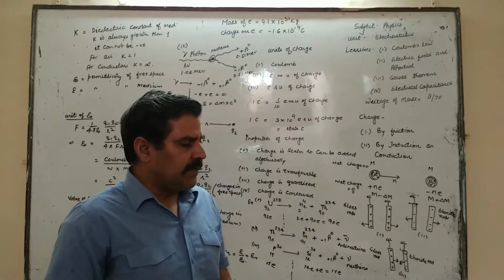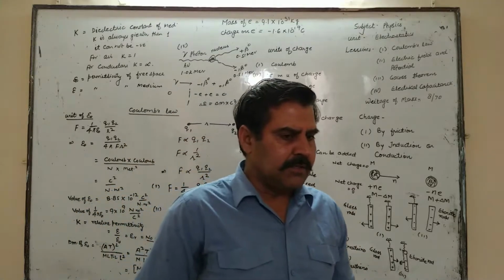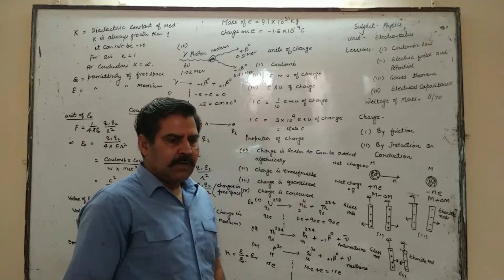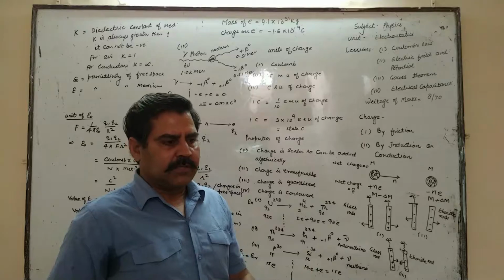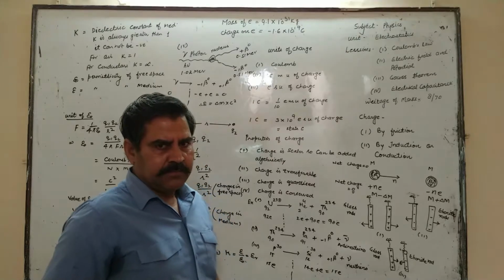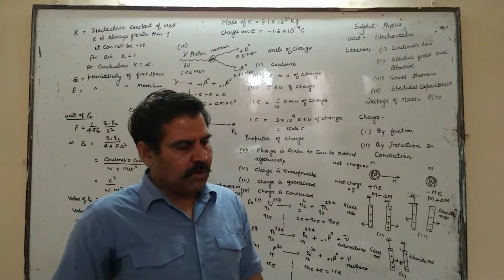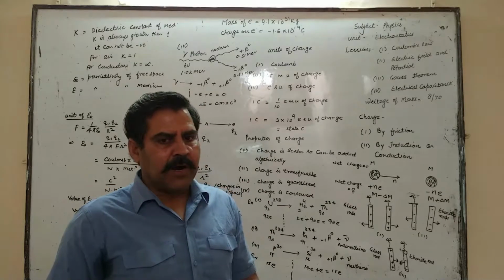Now when two bodies are rubbed together, what happens? Some electrons from the outer shells are transferred from one body to the other. Electron is a negatively charged particle.